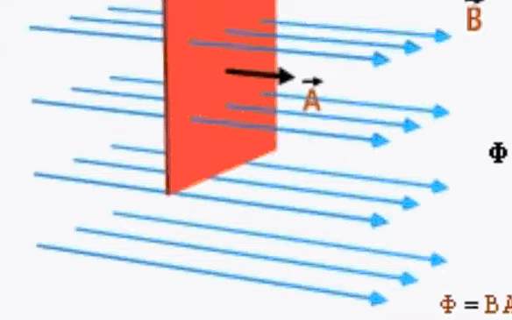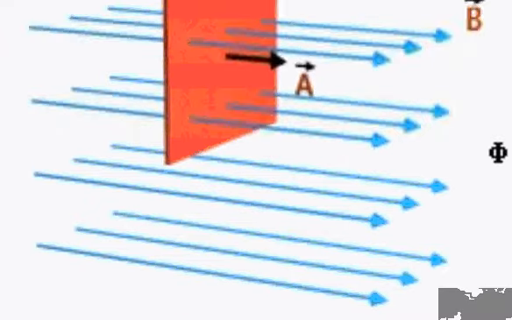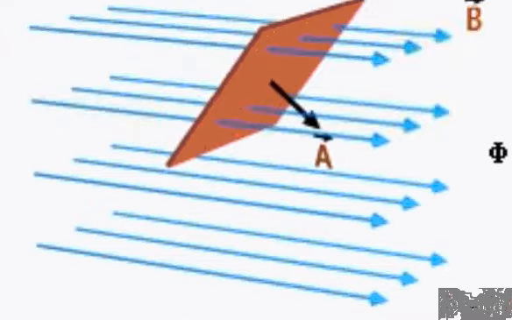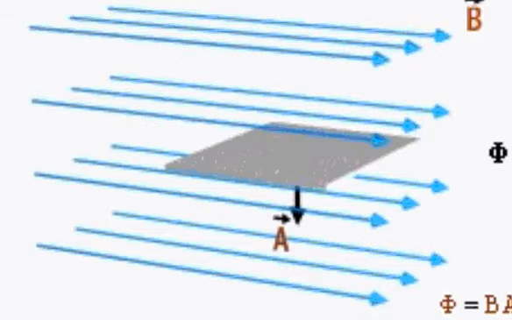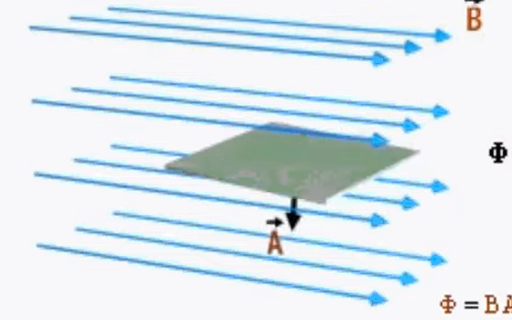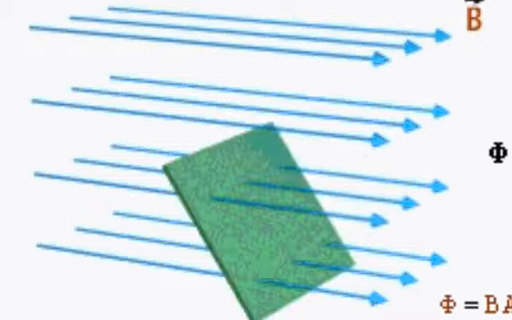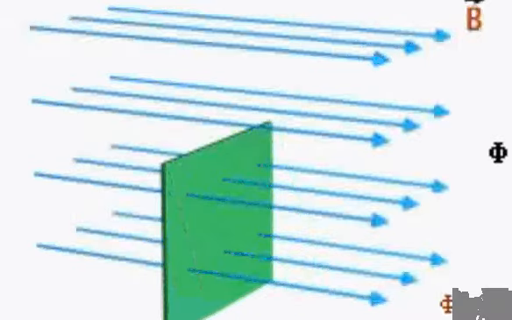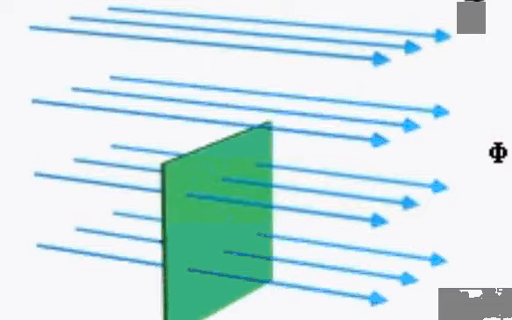The flux also changes if the surface is tilted, falling to zero when the surface vector is perpendicular to the field lines. The cosine theta term in the equation accounts for this. When rotated past 90 degrees, the surface normal vector and the magnetic field vectors are in generally opposite directions. Now the flux is negative.